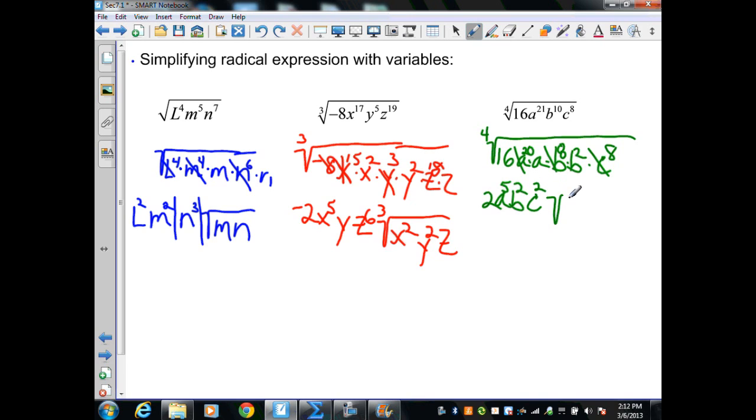And that leaves inside the radical the fourth root of a b squared. Since this has an even index, I have to put absolute values around my odd exponents. That gives me 2 b squared, c squared, a to the 5th inside my absolute values, and the fourth root of a b squared.